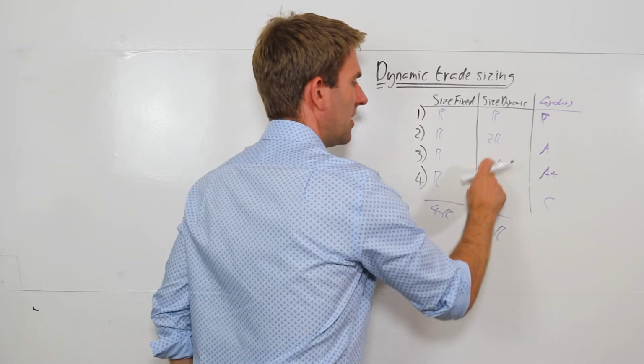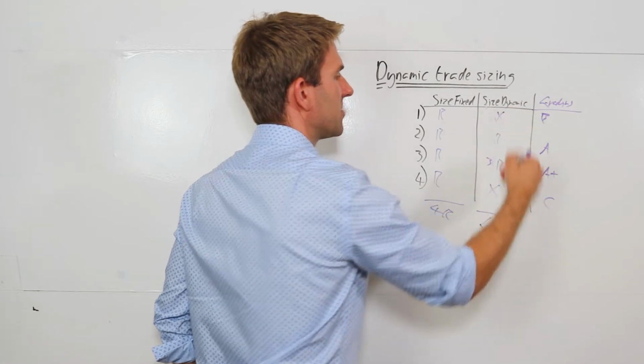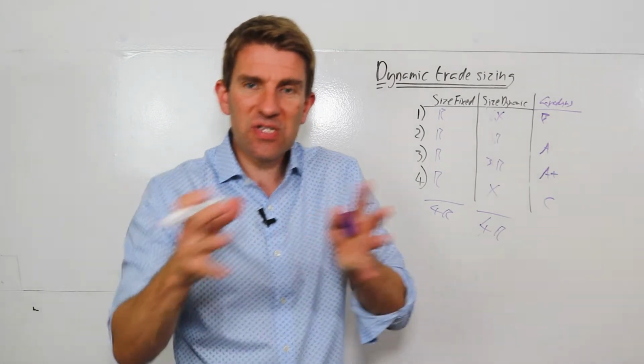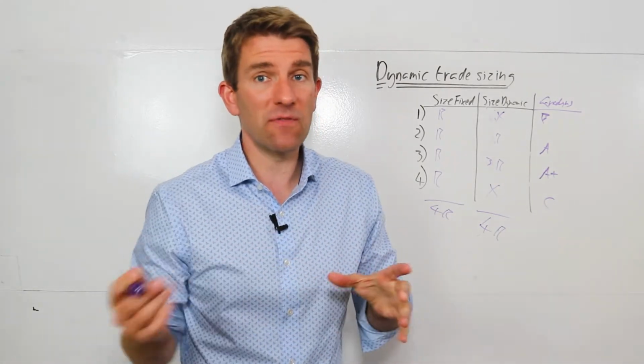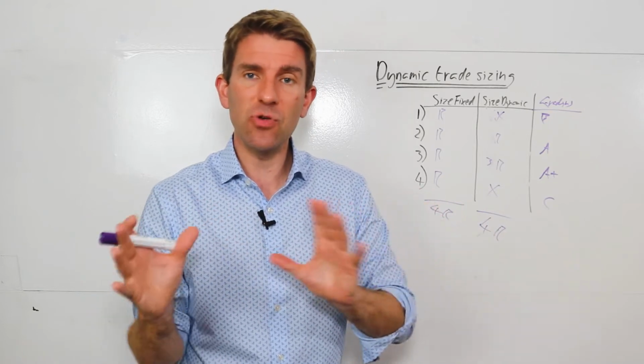Maybe this one gets 3R, maybe this one gets 1R, maybe I don't even take the B and the C. So I'm still risking 4R, but I'm just skewing the way that the risk is placed depending on my appetite for risk. You might go, oh no, I'd like to spread it a bit more, that's fine, but you can do that. That's the game you can play.